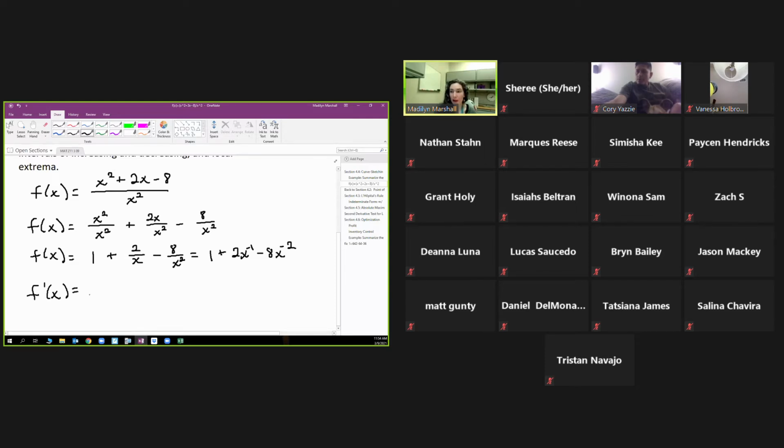So using the power rule, that 1 goes away. 2x to the negative 1 is now negative 2x to the negative 2. Minus 8x to the negative 2 is now plus 16x to the negative 3.